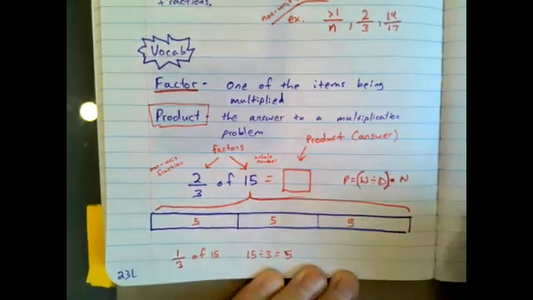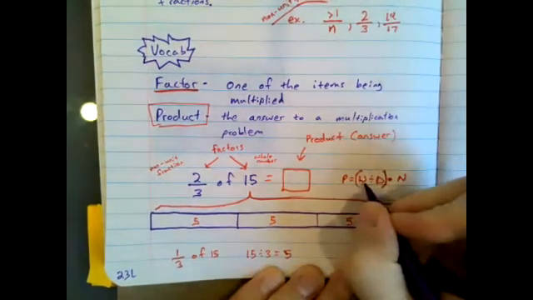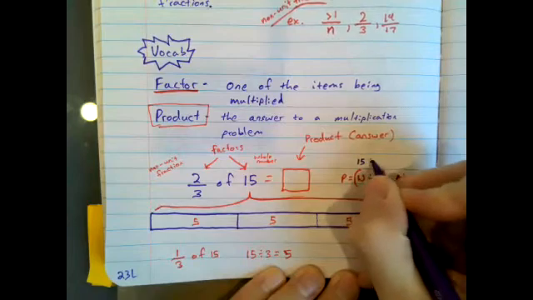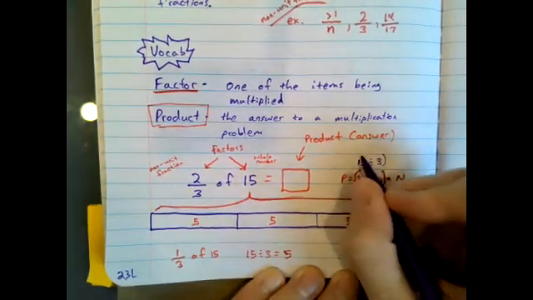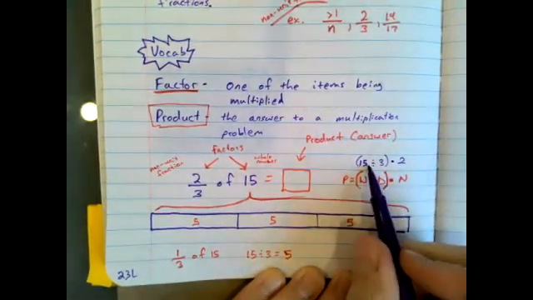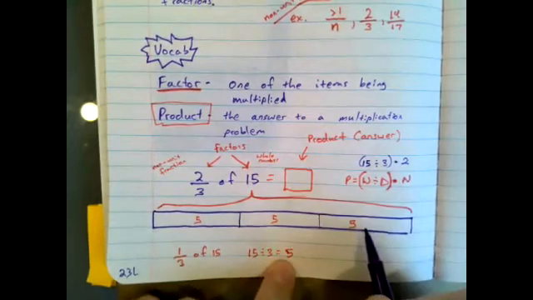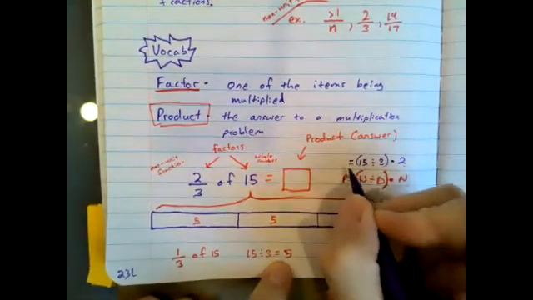So let's try it out. Let's go with our whole number, 15 divided by 3. And then we're going to multiply by 2. So let's do it together. 15 divided by 3 is 5. 5 times 2 is 10.